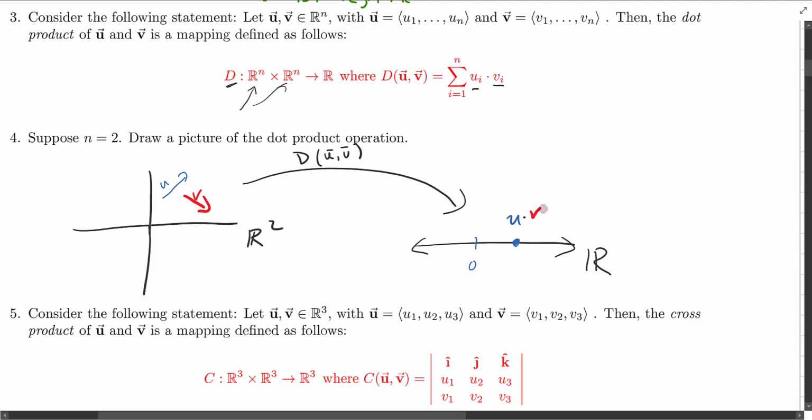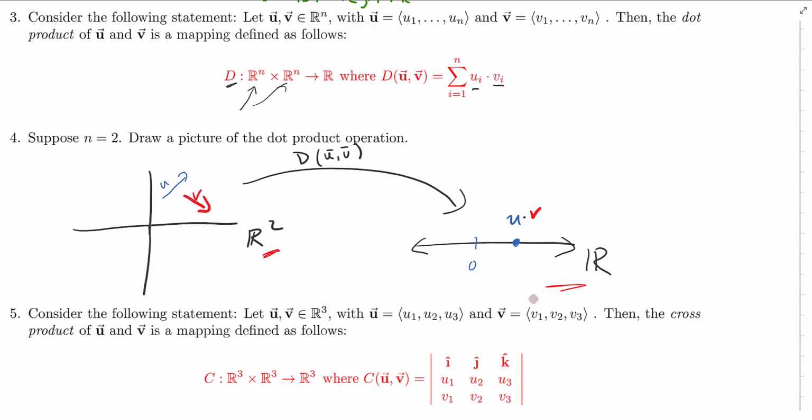Okay? And I'm drawing this picture because I think it's really helpful to see that the dot product takes vectors from Rn, whatever dimension we are in for our vectors, and pairs them with a number on the real number line.